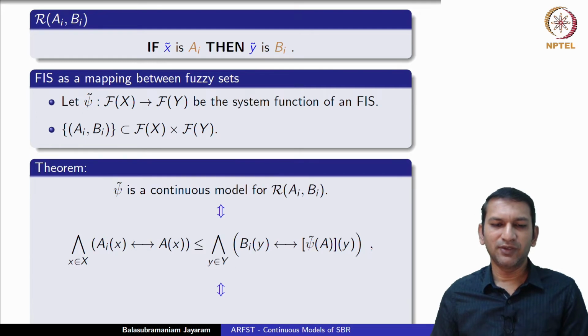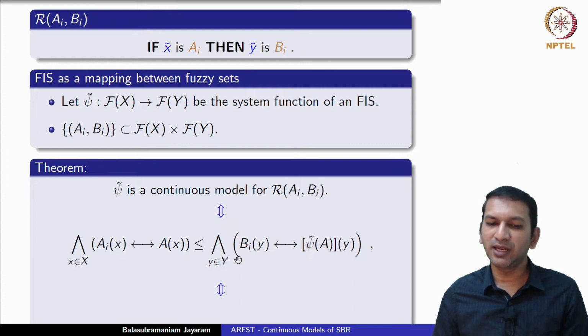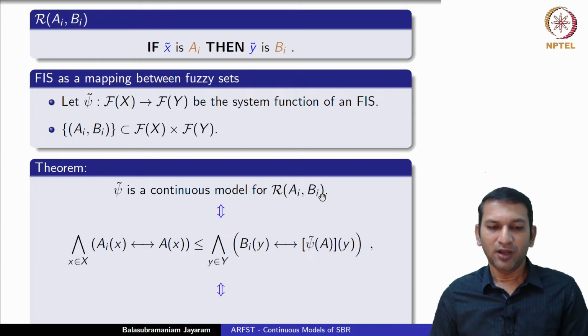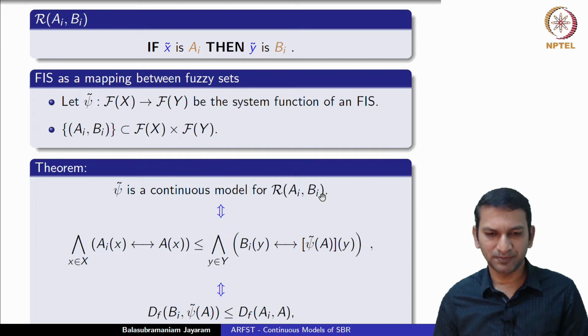Based on this, we said a psi tilde is a continuous model for the given rule base if and only if this particular inequality is valid. Of course, we interpreted this as the continuity inequality because we could show that in some sense it is giving us Lipschitz continuity at the points Ai, Bi with respect to a particular metric that we have constructed from the additive generators of T-norms.